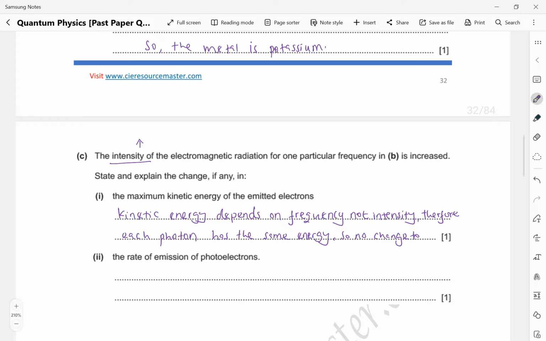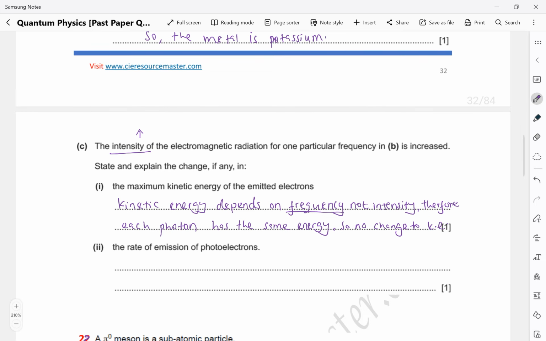There will be no change to the kinetic energy because kinetic energy only depends on frequency and not intensity.